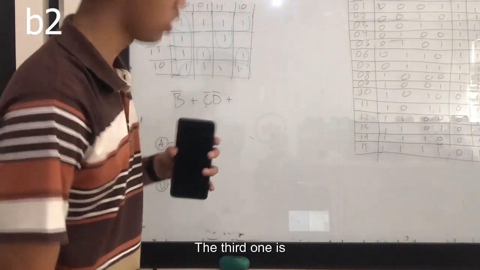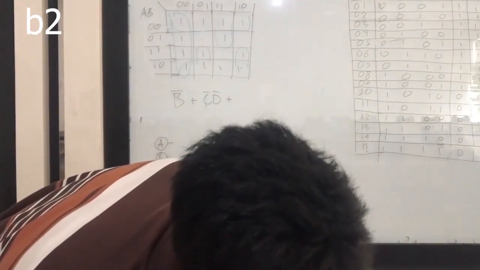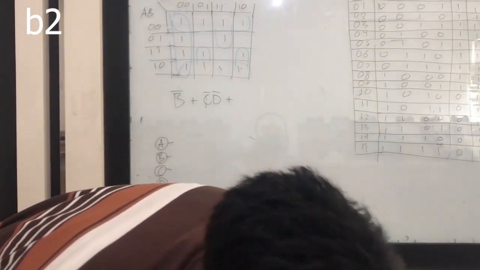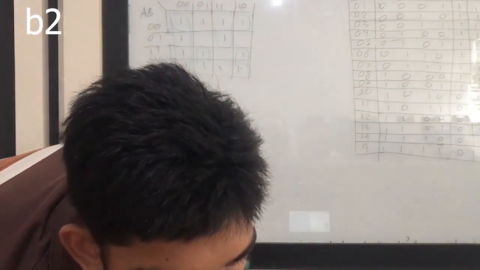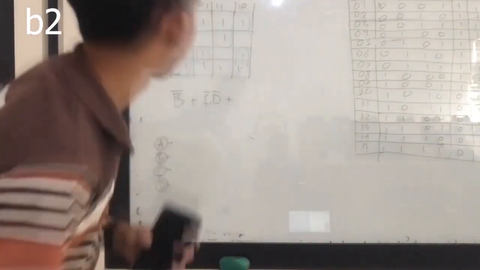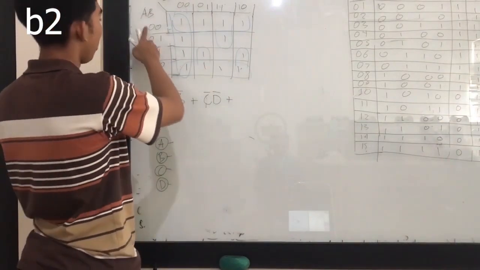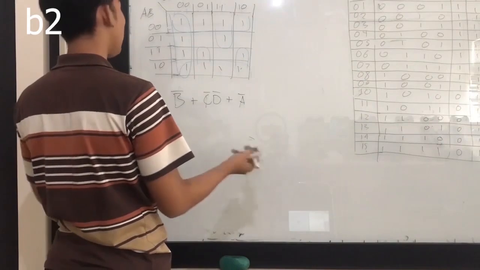The third one is ACD. Okay, the third one is these two right here. A is not, so A inverse.